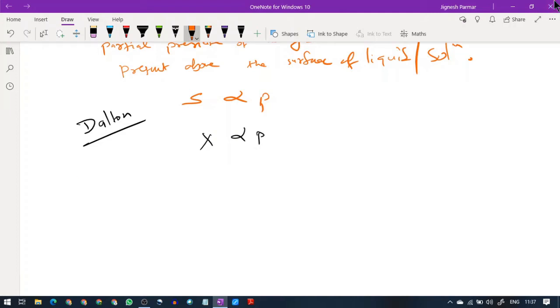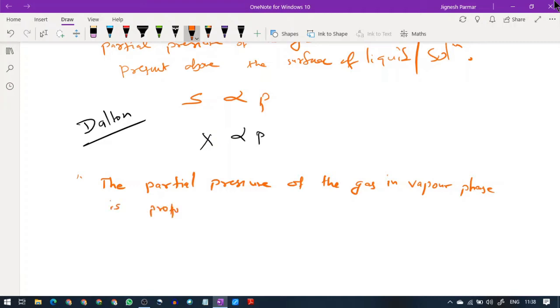So what is it? The law is now commonly stated as: the partial pressure of the gas in vapor phase is proportional to the mole fraction of the gas in the solution.